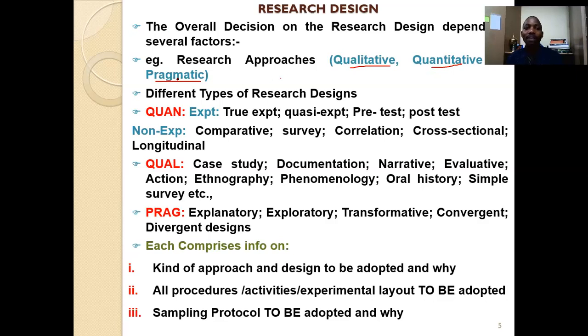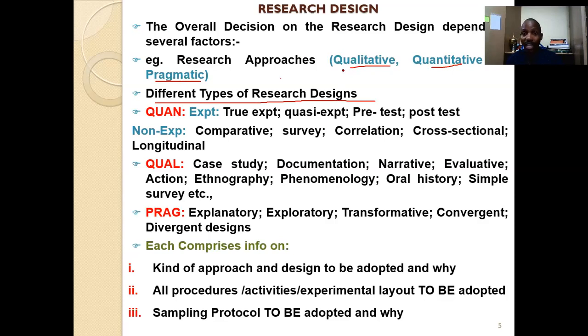And then we have the pragmatic approach, which uses either of the two depending on the nature, with the assumption that each of these has some weakness. Therefore, to minimize those weaknesses, I use the mixed approach, in which I use multiple ways of data collection for the study, from which we have different research designs.